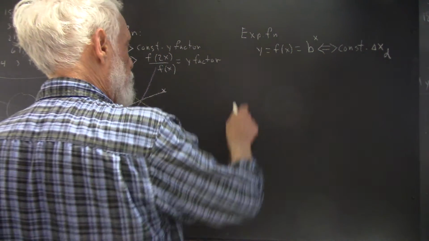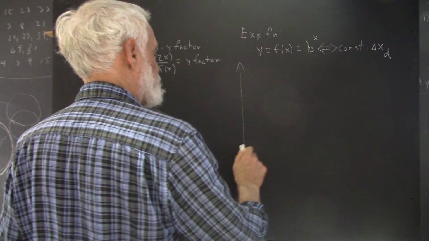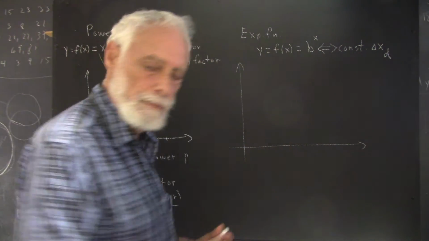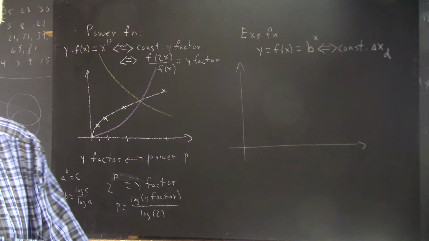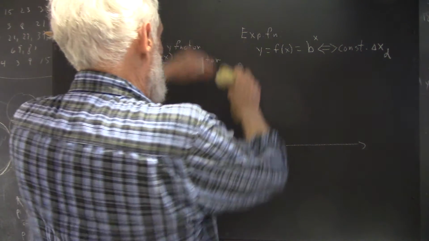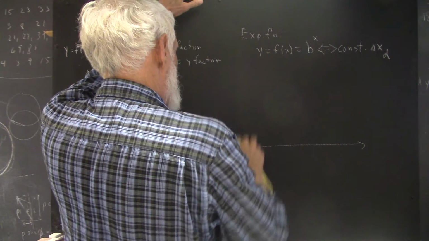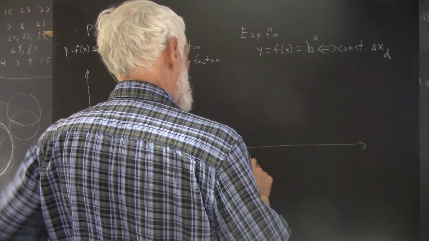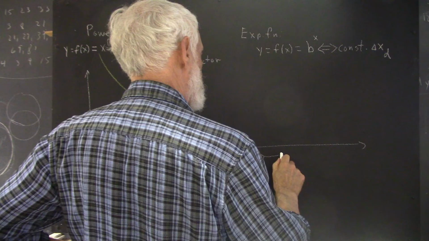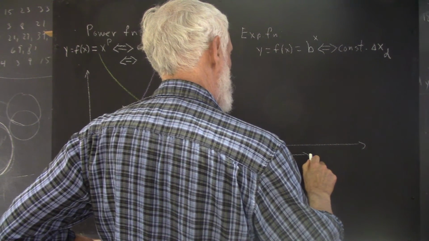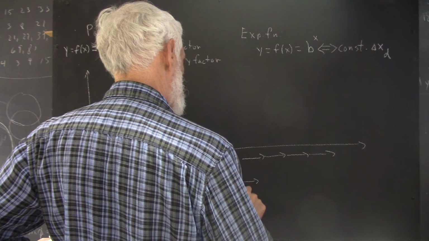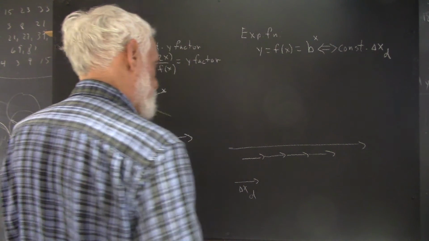Now exponential functions. I've drawn a y-axis here, and I don't need to. We don't need a y-axis, although we will in a certain way. We have a constant doubling displacement represented by this arrow. So this is delta x sub d.